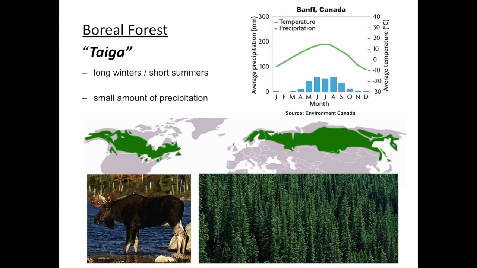It can take in more carbon dioxide and convert more carbon dioxide into oxygen from just the huge number of trees that are growing there. It's not very diverse, lots of conifers, but there are lots of them. And so there is a big impact on our world from the taiga.